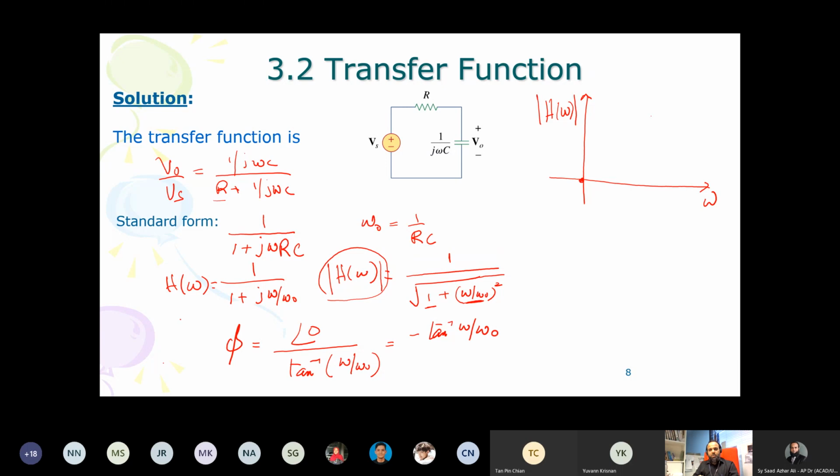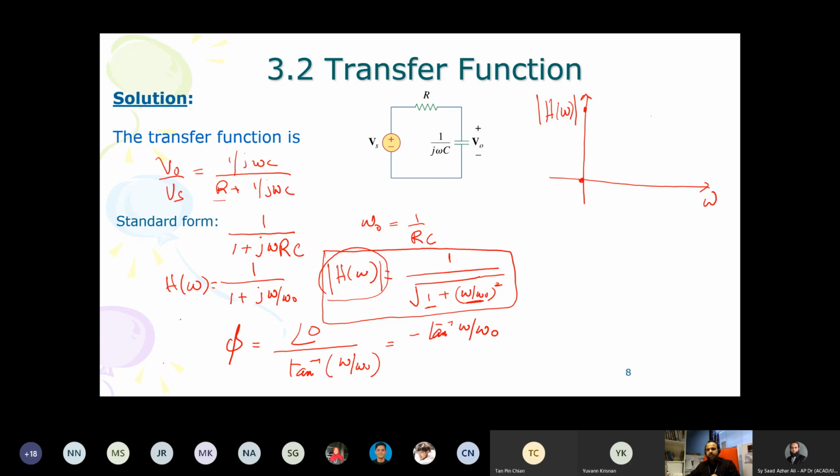So when omega is 0, what will be the value of H omega magnitude? 1. Very good. So we start with 1. And actually the idea of having the frequency response is that we start increasing omega and we keep on increasing until infinity.